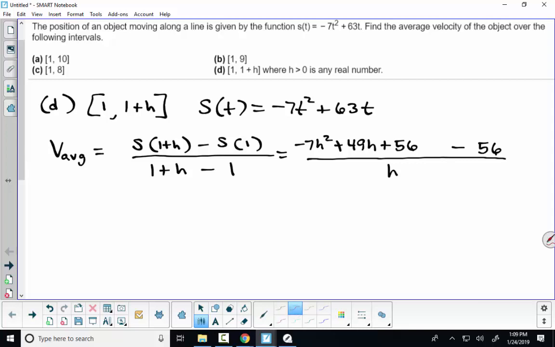I'll erase this, but here if we take the limit as t approaches 1 on all of these average velocities, what that's going to give us is the instantaneous velocity. But notice letting t approach 1 is the same thing as here letting h approach what?